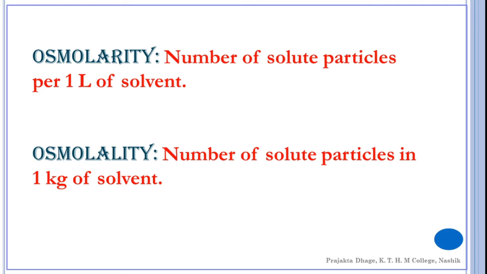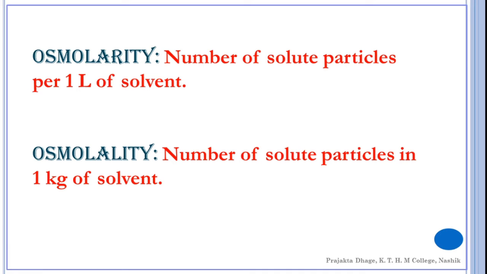Now, osmolality of a solution refers to the concentration of osmotically active particles in that solution. So, it is the number of solute particles in 1 kg of the solvent.